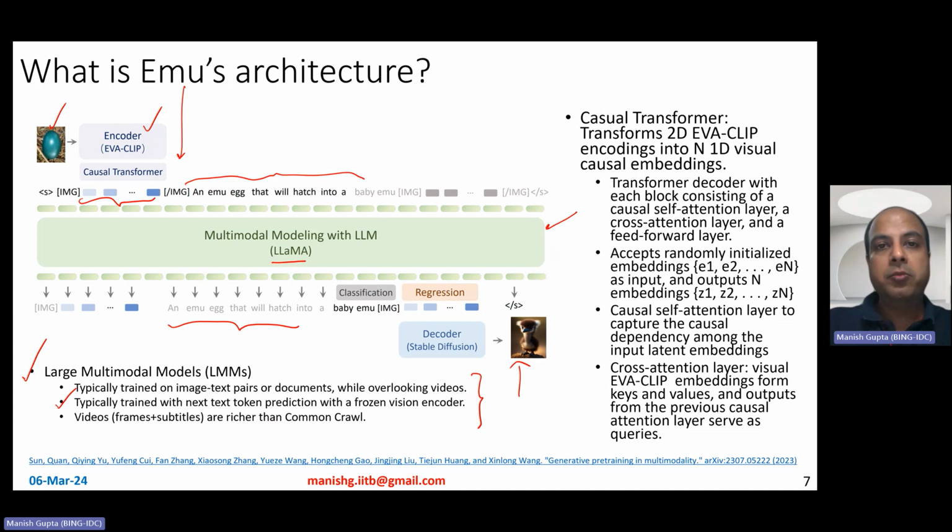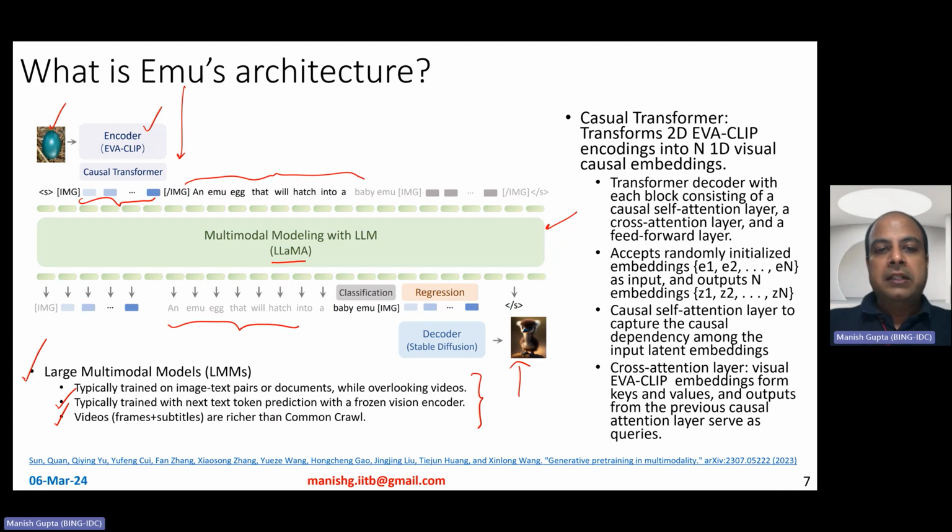We will see in the next slide how EMU is pre-trained. And third, videos are completely ignored by these large multimodal models, although the frames and subtitles in these videos are actually richer than the common crawl corpus itself, which is one of the largest corpora used for training the text part of the large multimodal models.